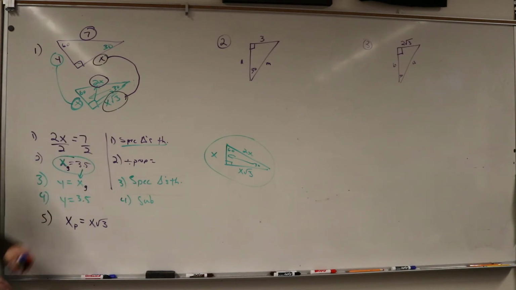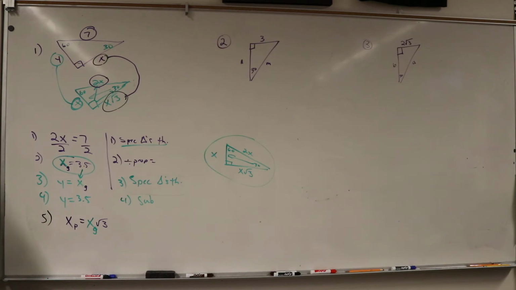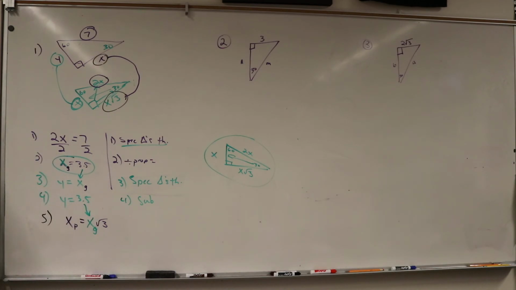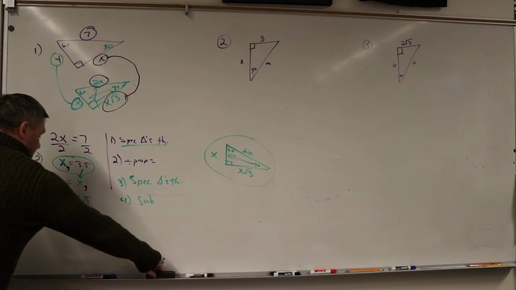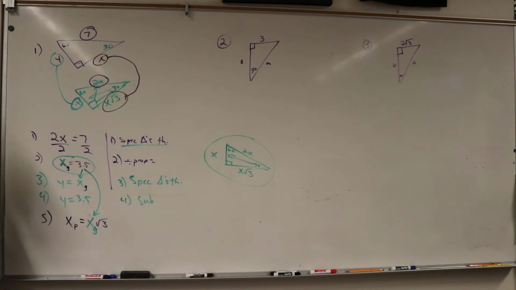But this X is the green X, right? This is the green X. See the difference now? That's why we had to figure it out. Because I know what the green X is. I don't know what the purple X is yet. But I know what the green X is. Okay? Yep. Okay? And so, I can substitute in the green X. And actually, we wouldn't take it from the Y, but we could, but the green X goes right there.